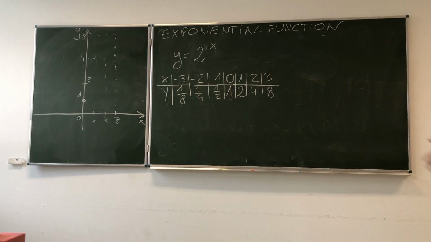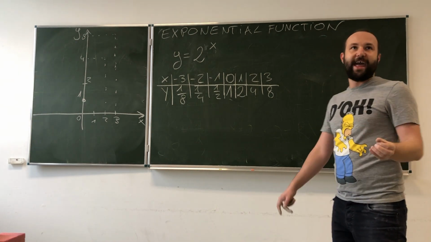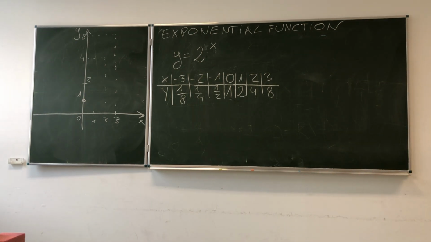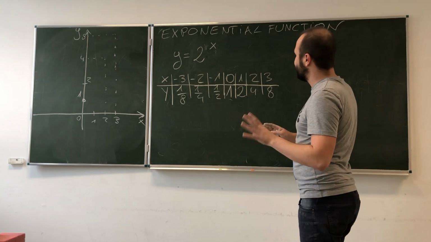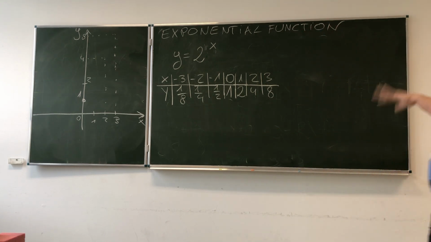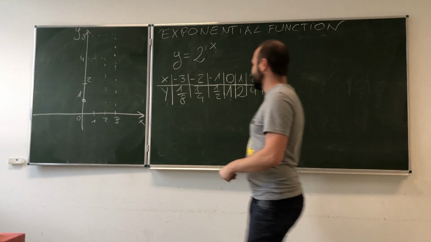Each time x is increasing by 1 unit, y is increasing by a bigger and bigger number. Actually, this is an example of exponential growth. It's growing faster and faster because of the base. We will get to this a little bit later. I don't want to confuse you too much.